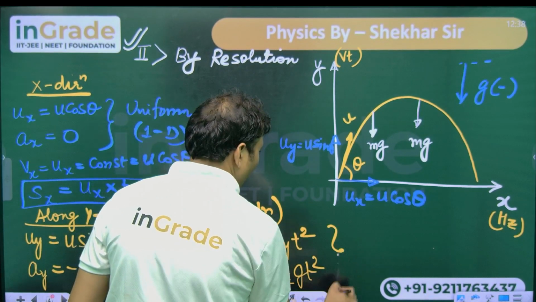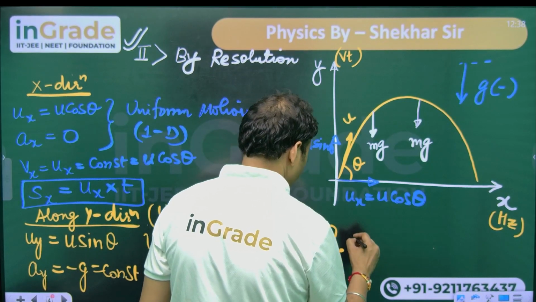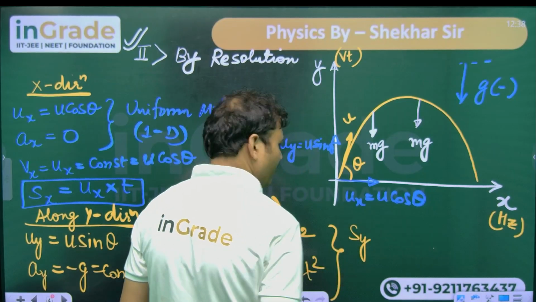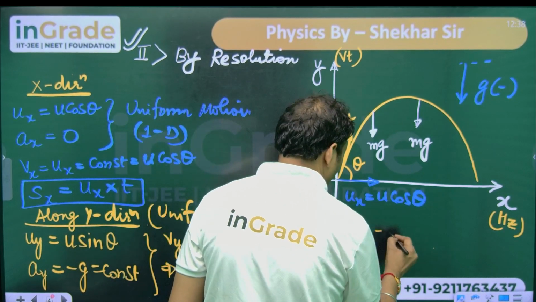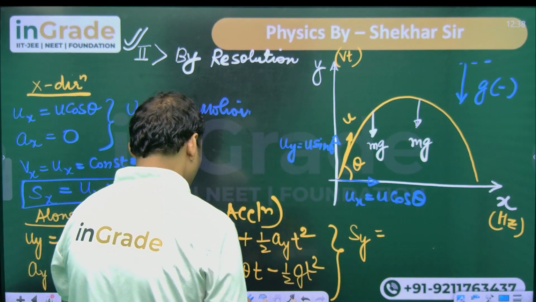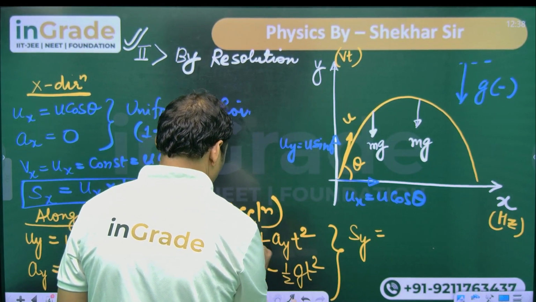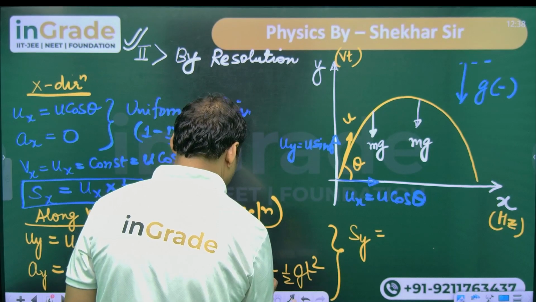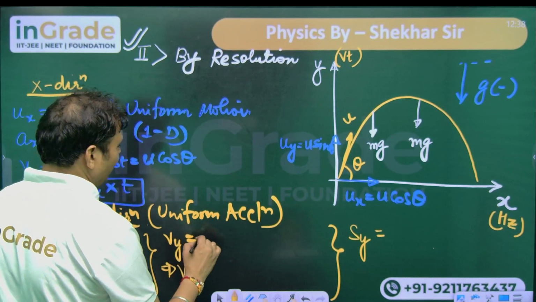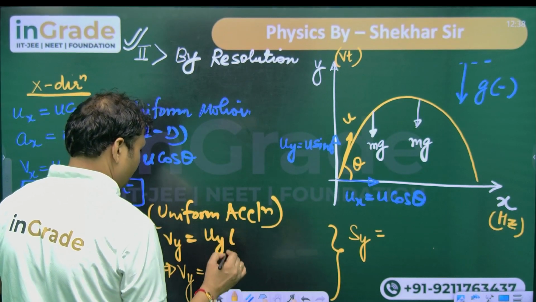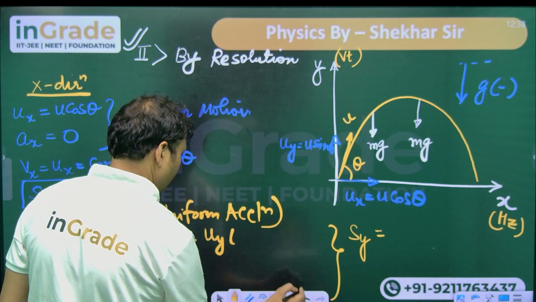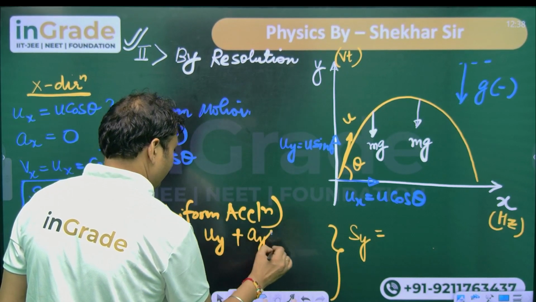And we can also write the distance traveled in y direction by the particle in time t. Vy is equal to Uy plus Ay t.